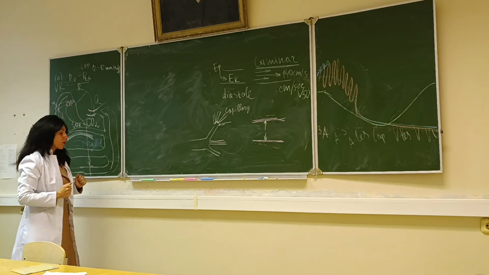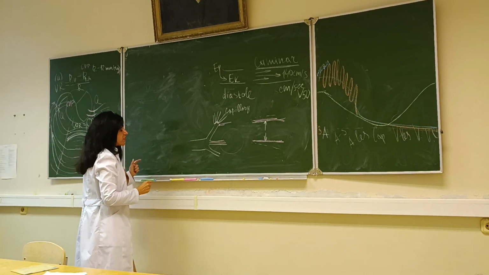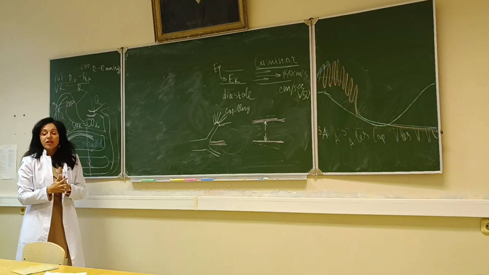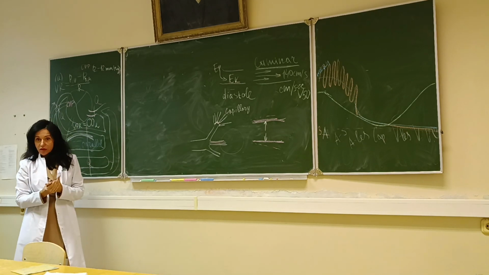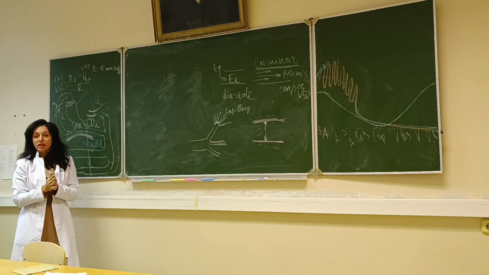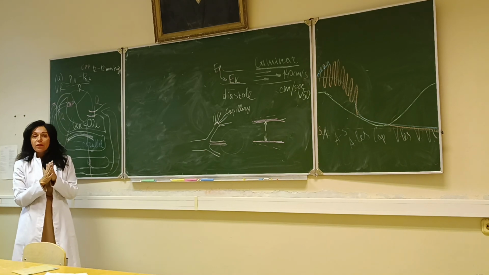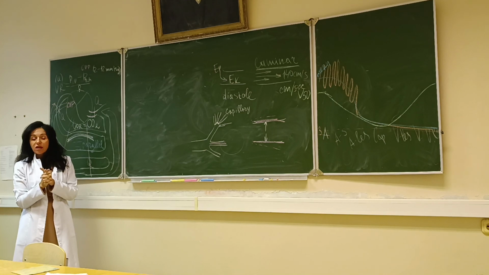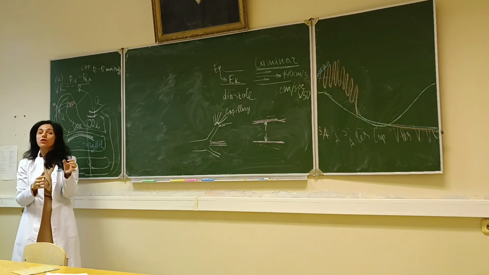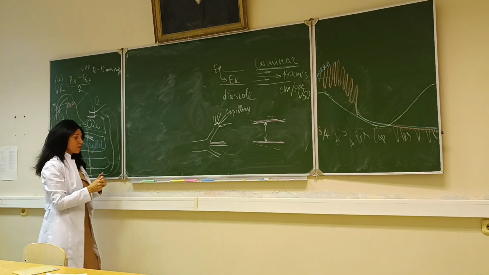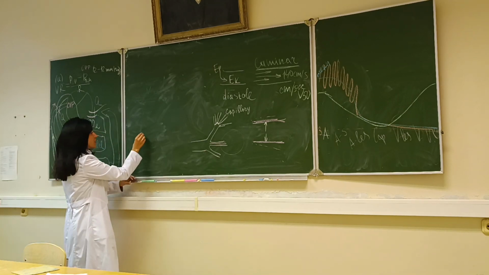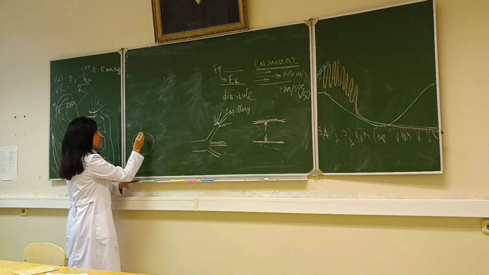Those are the two functions. What is the difference between arteries and arterioles? Both are resistance blood vessels. What is the morphological difference? Diameter, and the ratio between the thick smooth muscle and the diameter. Arteries, of course, have a bigger diameter.